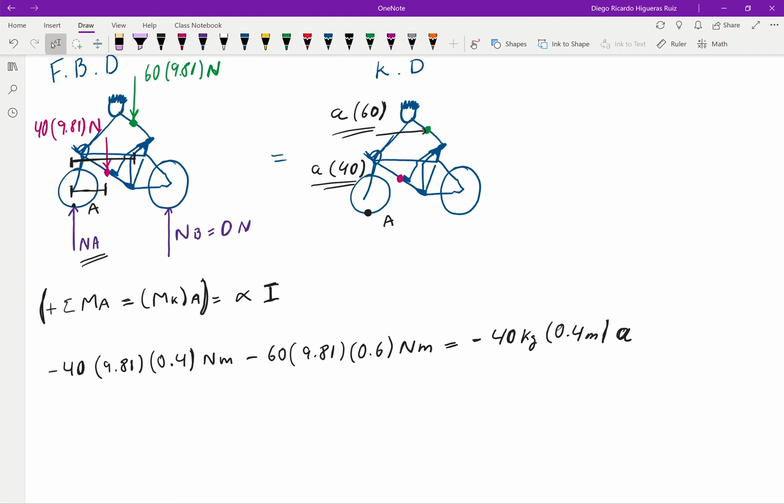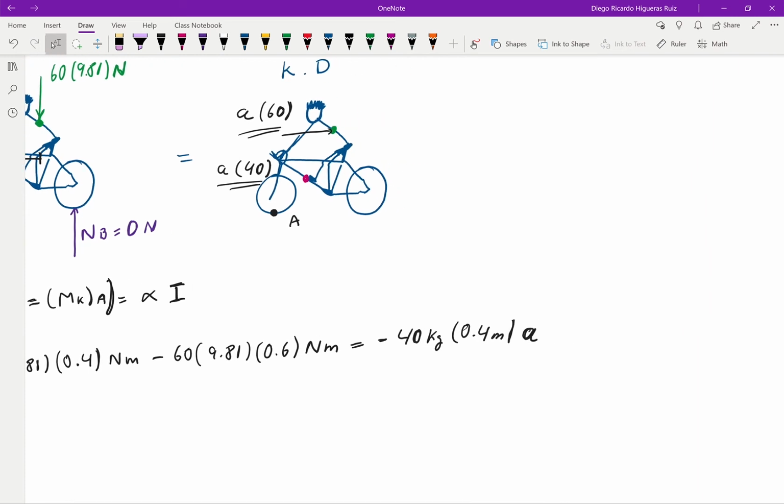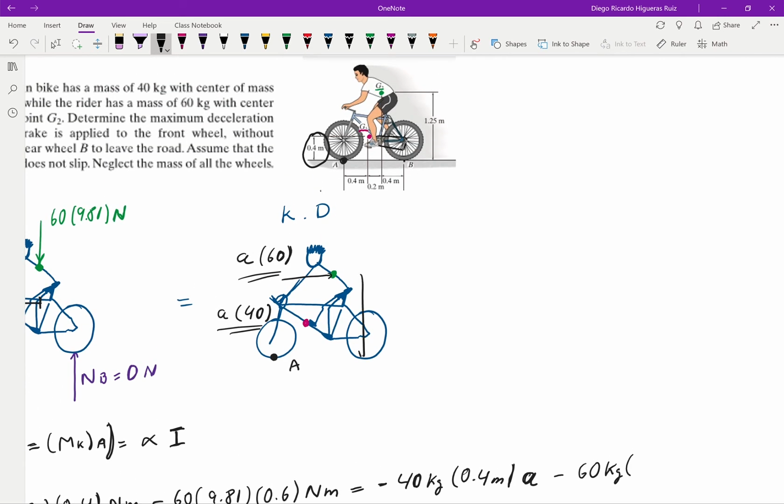Well, we'll see. Then we also need to add the kinetic moment produced by this other term, which is 60 kilograms times all this distance. That distance is 1.25 meters, given by the problem.